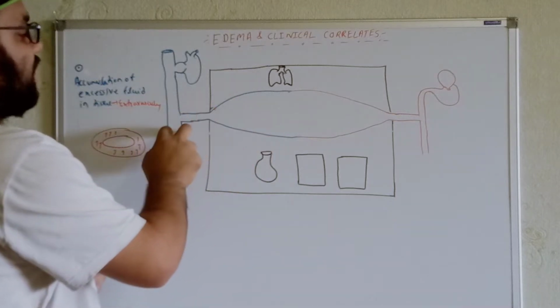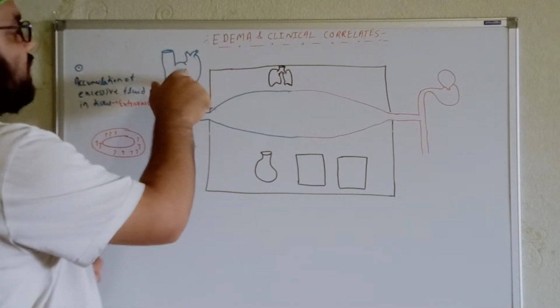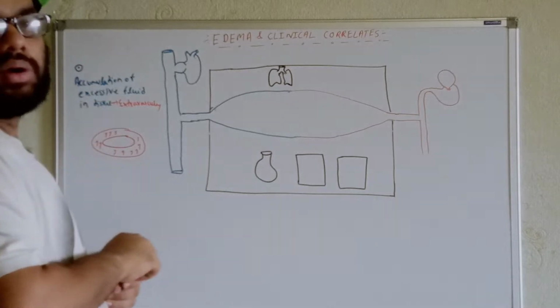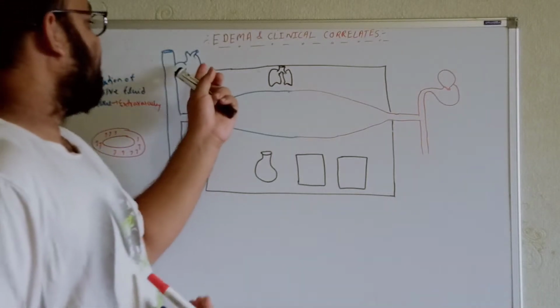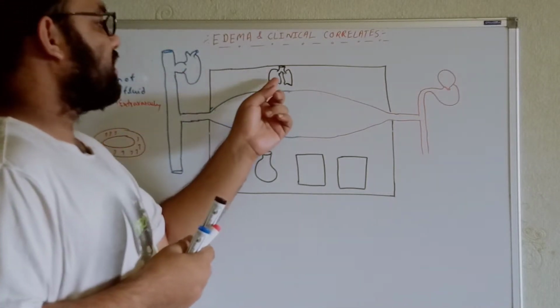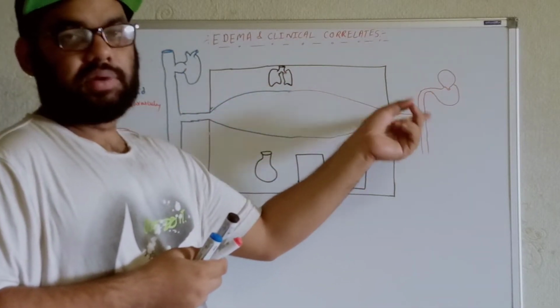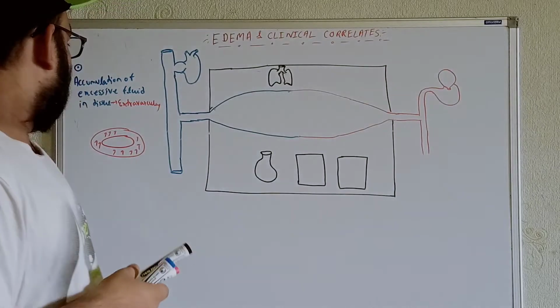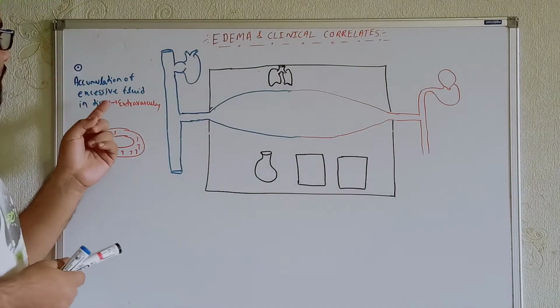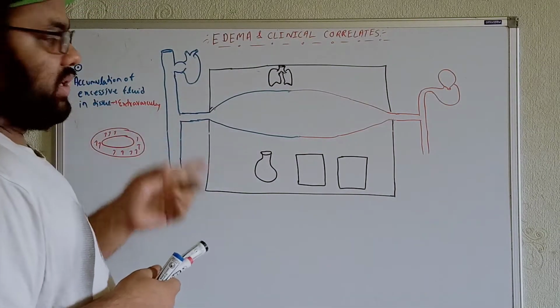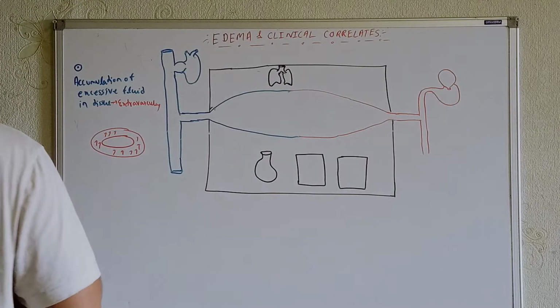Ultimately, it comes into the inferior vena cava, and ultimately it goes into the right heart. From the right heart, the blood will be sent to the lungs. From the lungs, again the blood will be circulated to the left heart, that means the left atrium first. Okay. Now, accumulation of excessive fluid in tissue extravascularly. Definitely, this is the actual definition of edema.